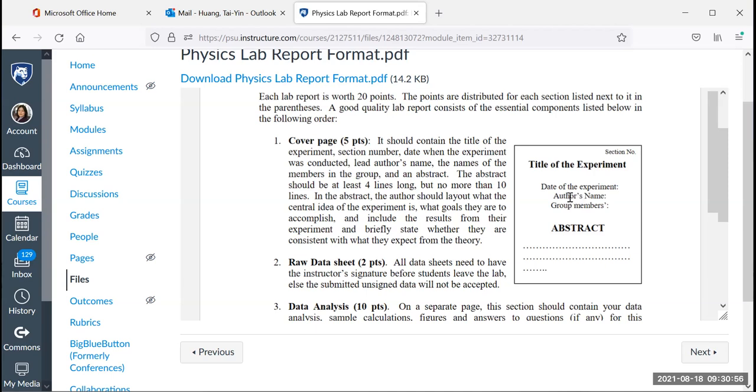So if you have a group of two, person A will write the first report, person B will write the second report, and then the third report will be written by person A. So the first author's name should not always be the same person. I want everyone to take turns writing the report.